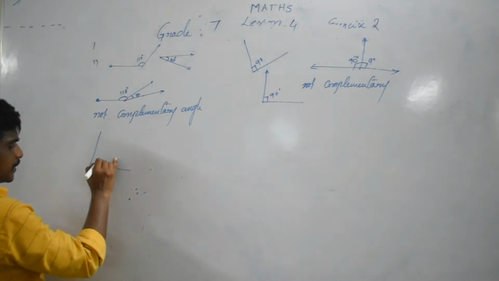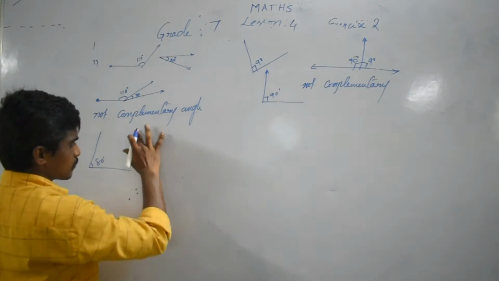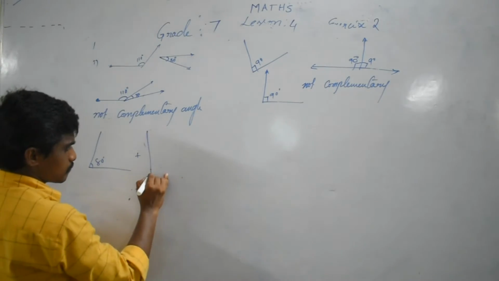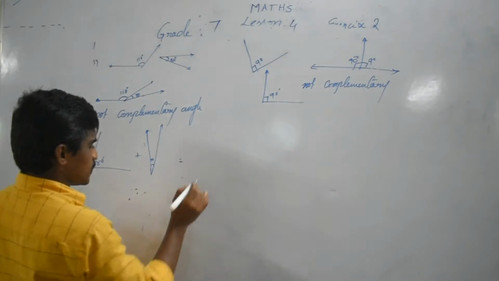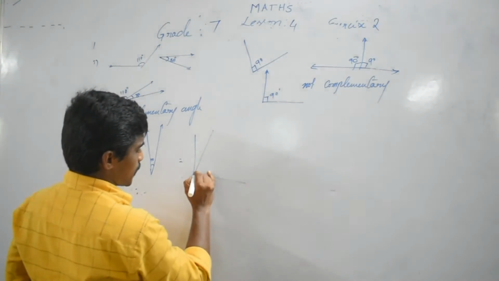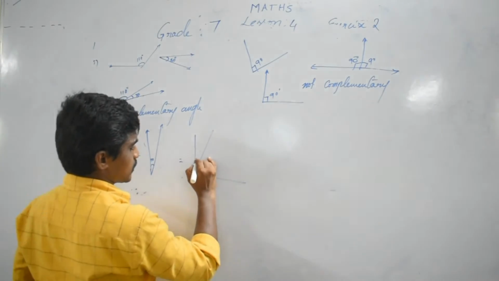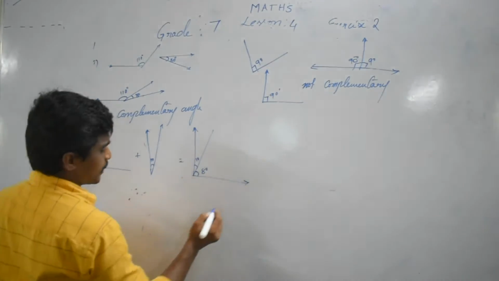This is 80 degrees. This is 10 degrees. So these two angles we are adding, 80 and 10. So how many degrees total? 90 degrees.